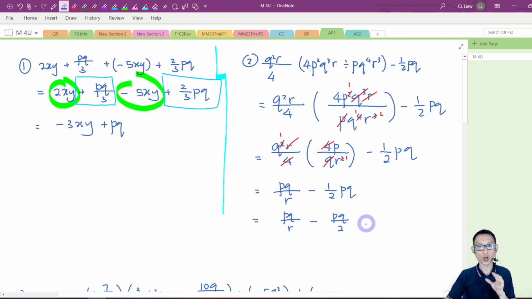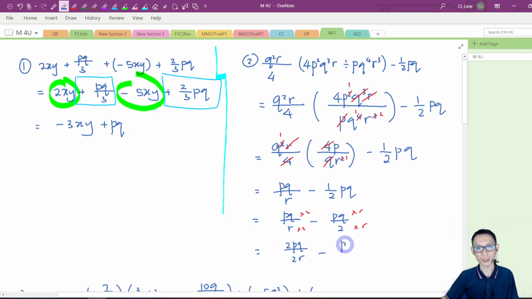Let's say you want to combine these two together. So this is a fraction. If you want to perform additions or subtraction, they need to have the same denominator. So what I'm going to do here is I times 2, this time r times r. Okay, so here will become 2pq, 2r.